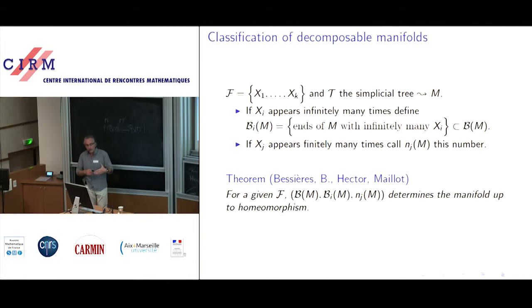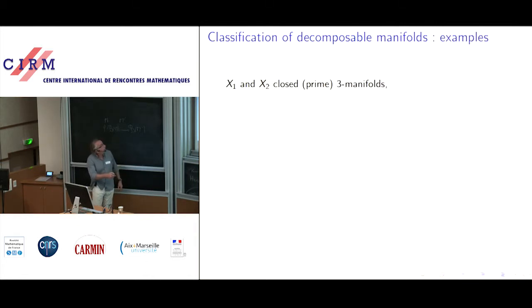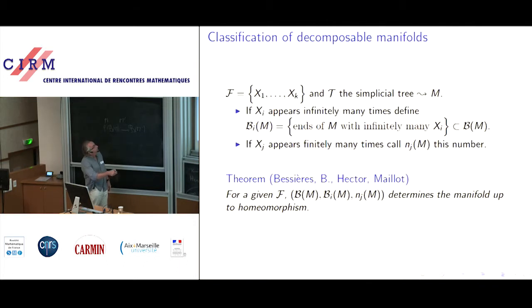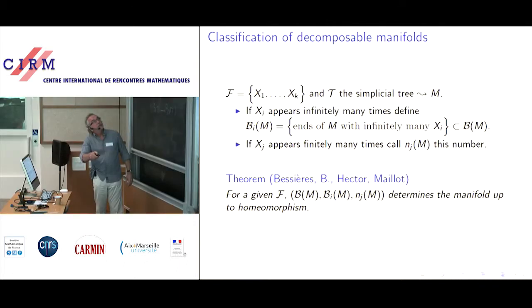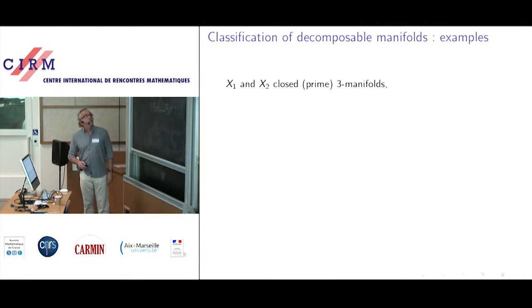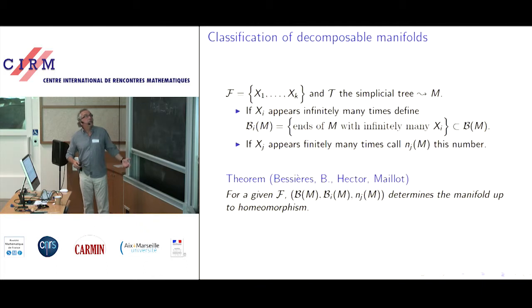Okay, so the characterization is at infinity, except for these nj, which are some kind of local structure. All right, so again, I'm really interested in the interplay between the combinatorics and the structure of the manifold. But again, this is when we talk about a finite family of building blocks.